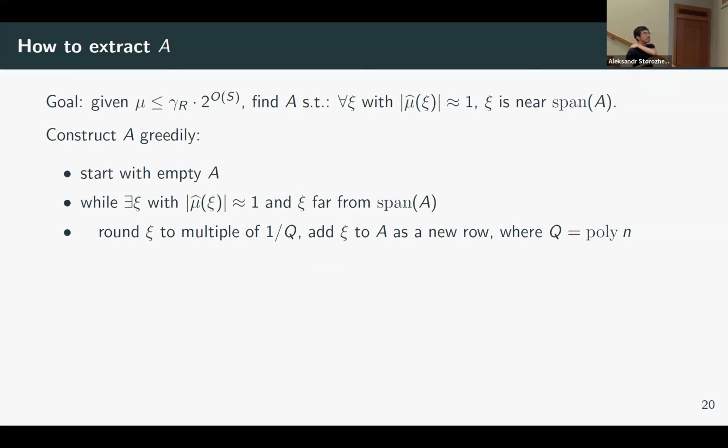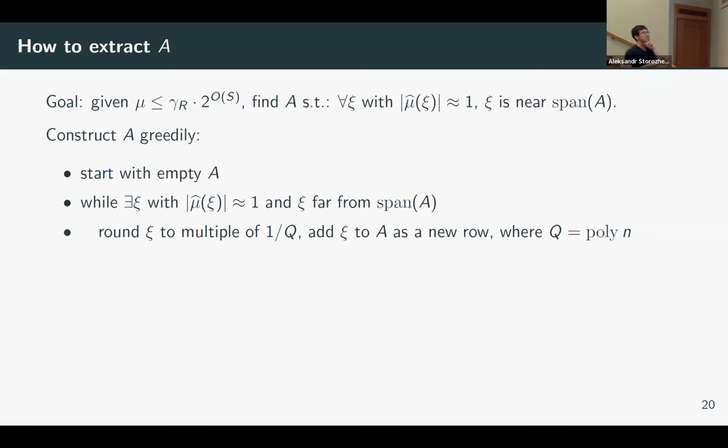Okay, so the way we construct this sketching matrix is probably very simple. It's just greedy. We would like to collect all the Fourier values that are close to 1. We just greedily put the vectors into the rows of A until everything is collected in this pattern.